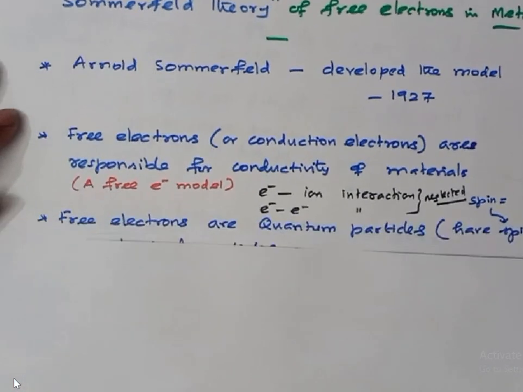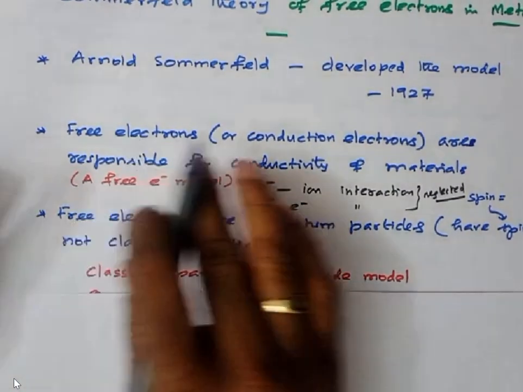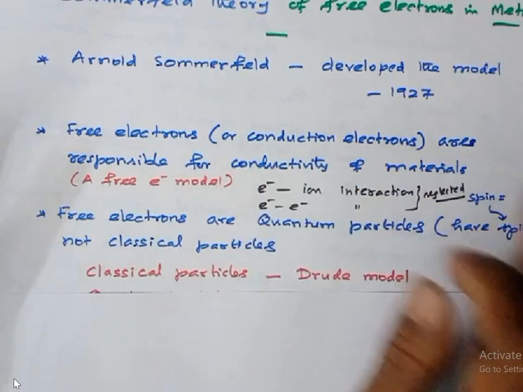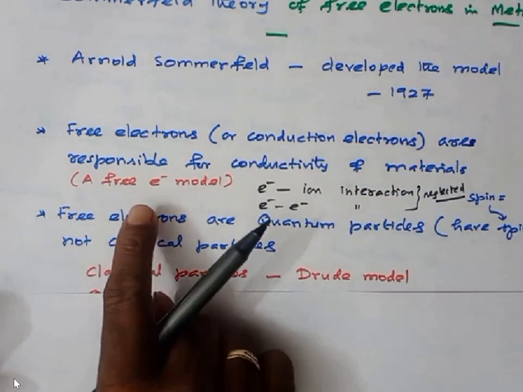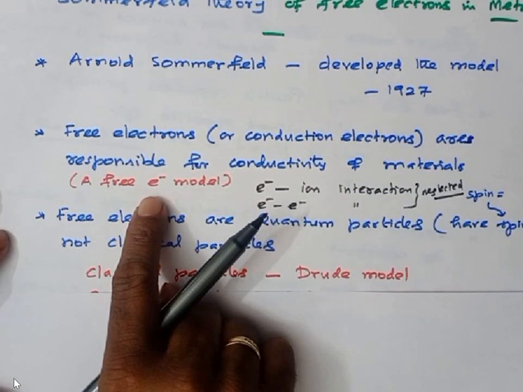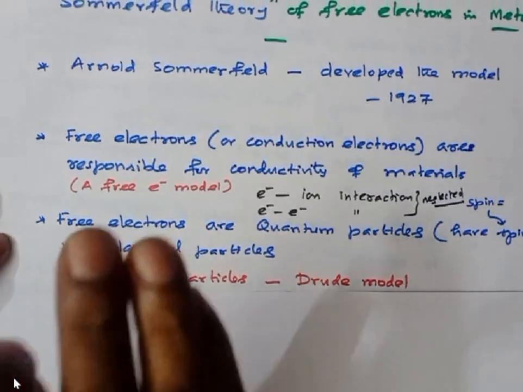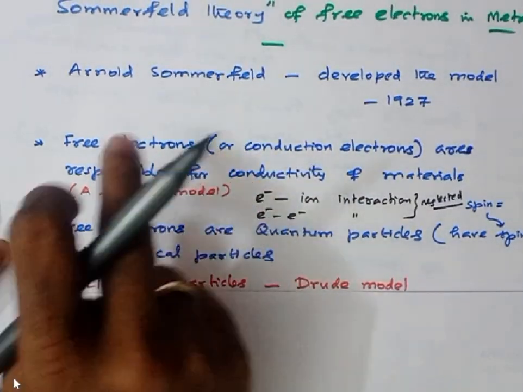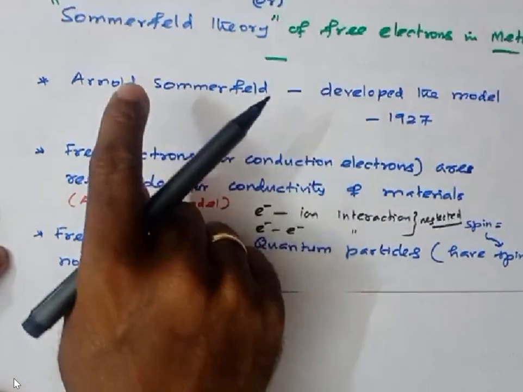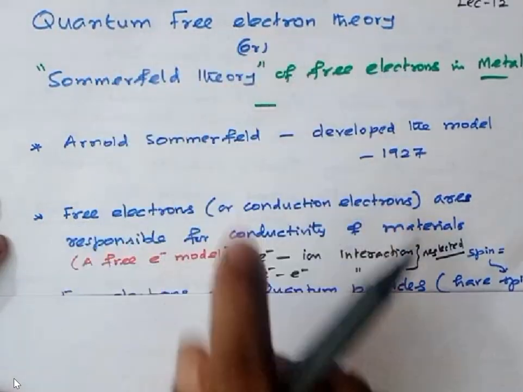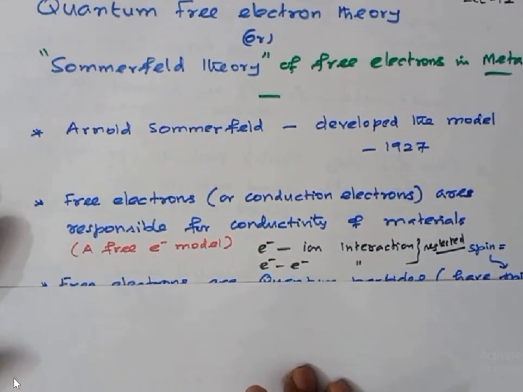Next, the free electrons are responsible for the conductivity. That's why this model is also called the free electron model. But Sommerfeld applied quantum mechanics to these electrons, so this theory is called the quantum free electron theory of metals. Clear?